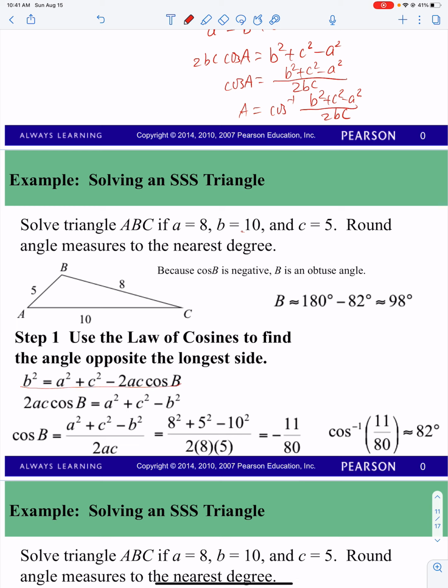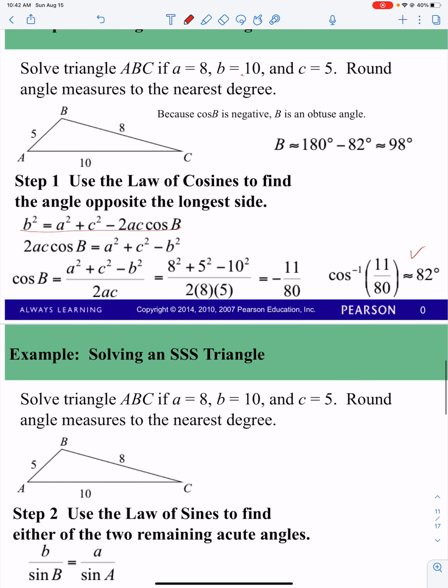The cosine inverse, when you find all these things, what I just told you, it will be like this. Cosine inverse will be what? 82 degrees. Okay, so after you get 82 degrees, what do you have now? You have a pair.